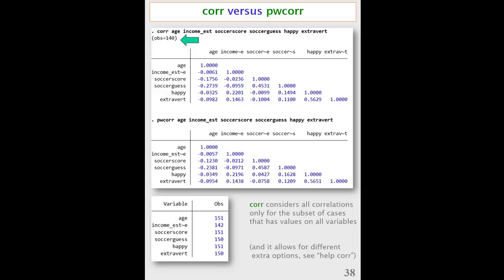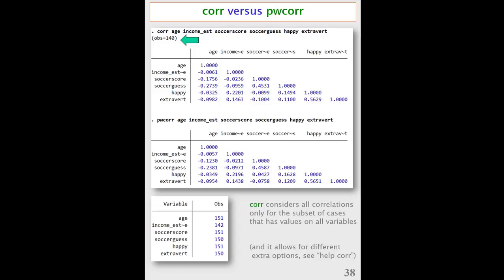In any case, it will calculate these correlations on all the cases where you have all these variables, and that will be of use later on when we encounter multiple regression. If you're simply interested in the correlation between two variables for all the cases for which you can calculate them, then you do this pairwise correlation.